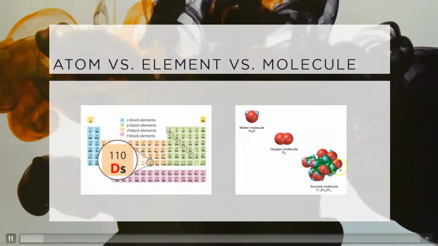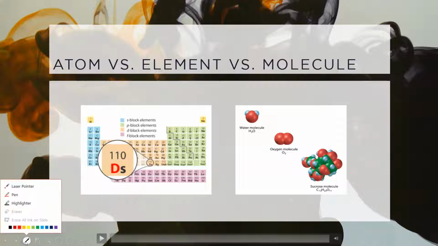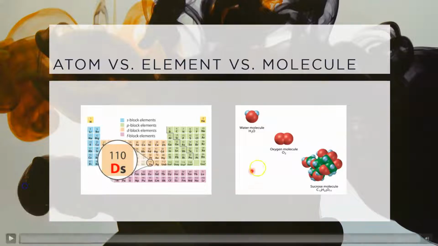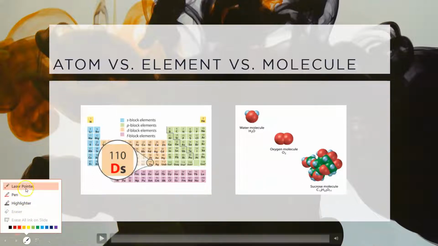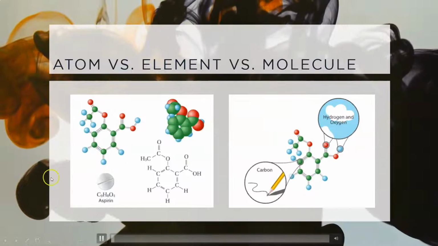With sucrose, notice how the different carbons, which are represented as green, are arranged, and the different oxygens, which are represented as red, and the hydrogens are blue, whereas here the structure is much different on the aspirin.